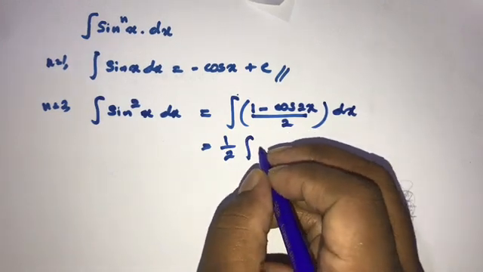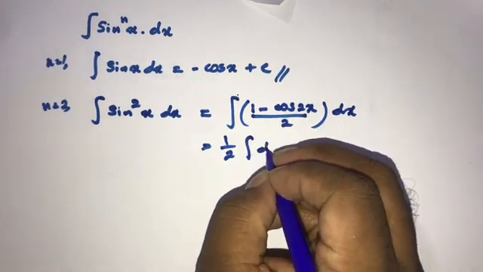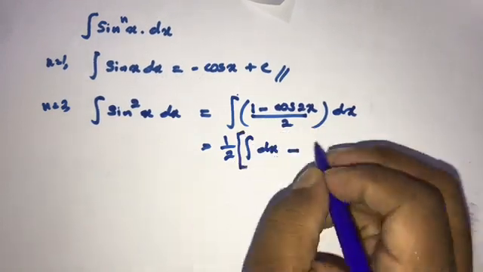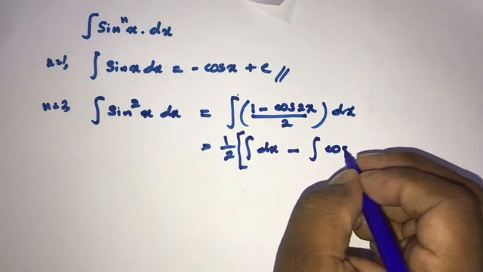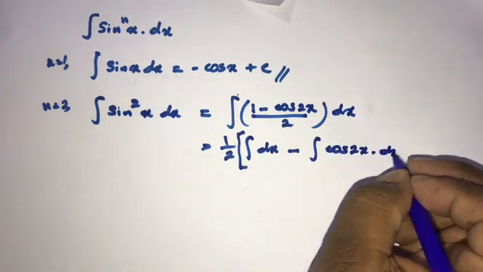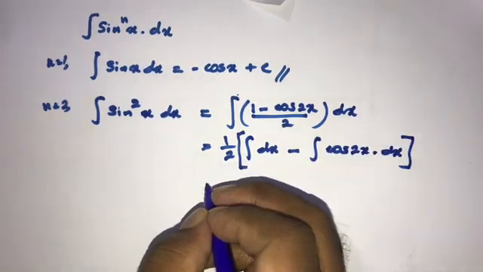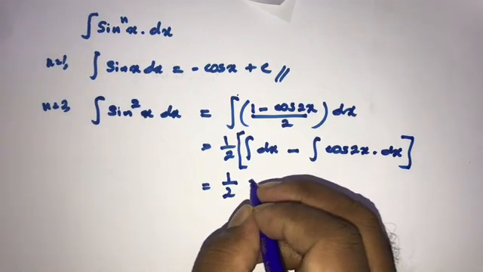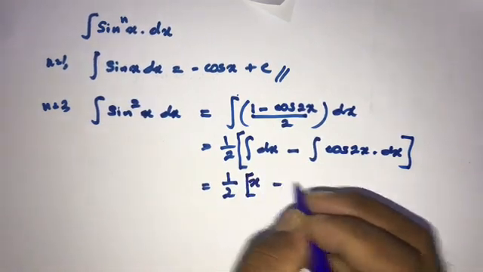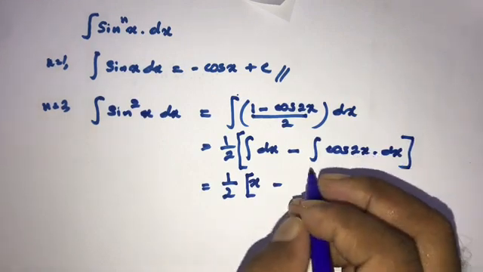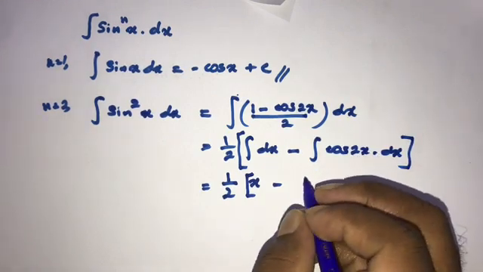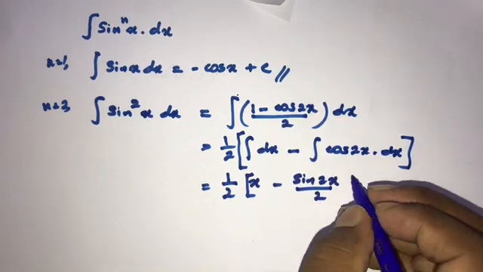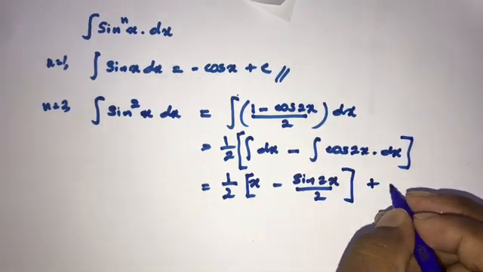Now 1 times dx, so the integral of dx, minus the integral of cosine of 2x dx. We know the integral of dx is x, and the integral of cosine of 2x is sine of 2x over 2, plus c.